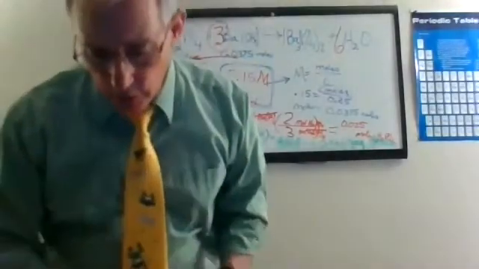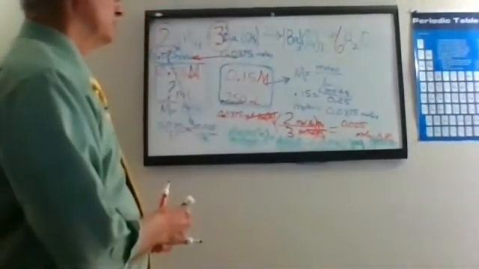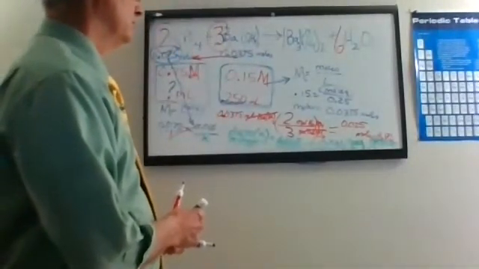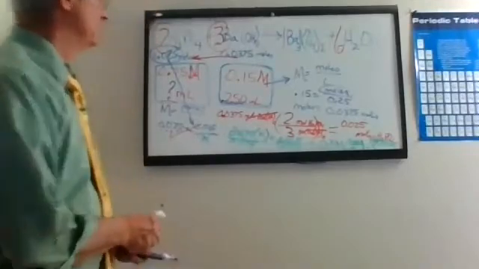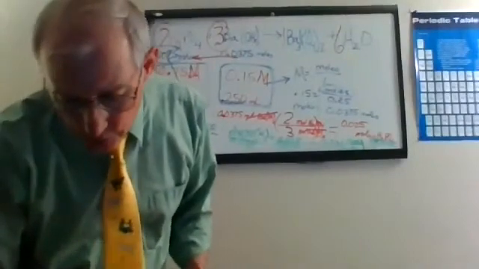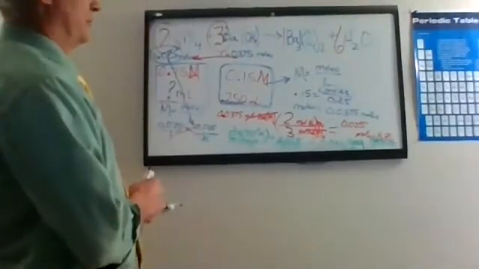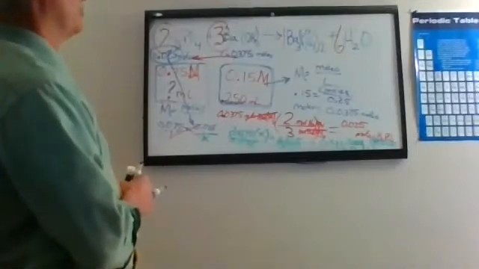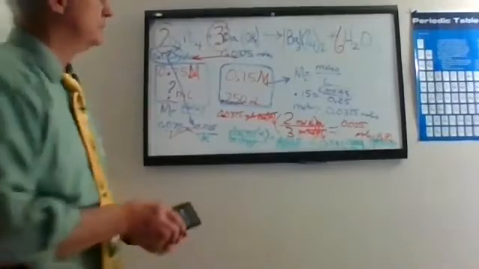330. I'm going to look at the answer. It says I did something wrong. It says 33 milliliters, 33.3 milliliters. So I got 1 decimal point off. Have you ever done that? Of course you have.